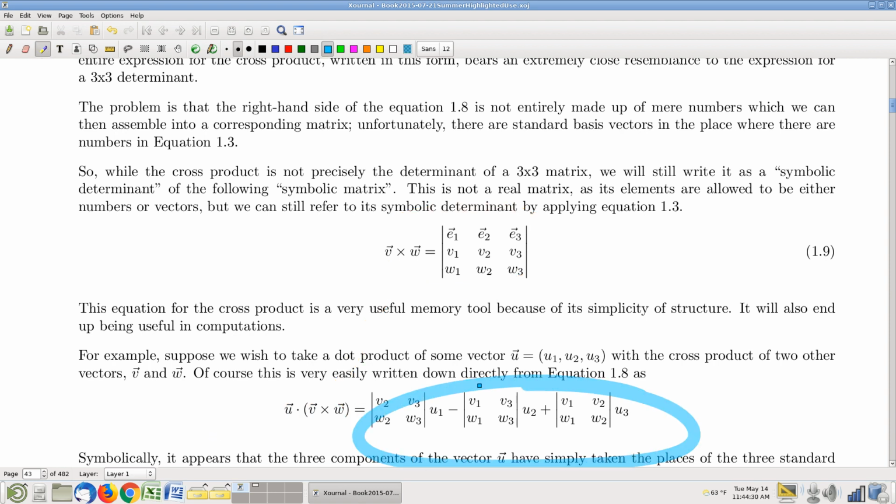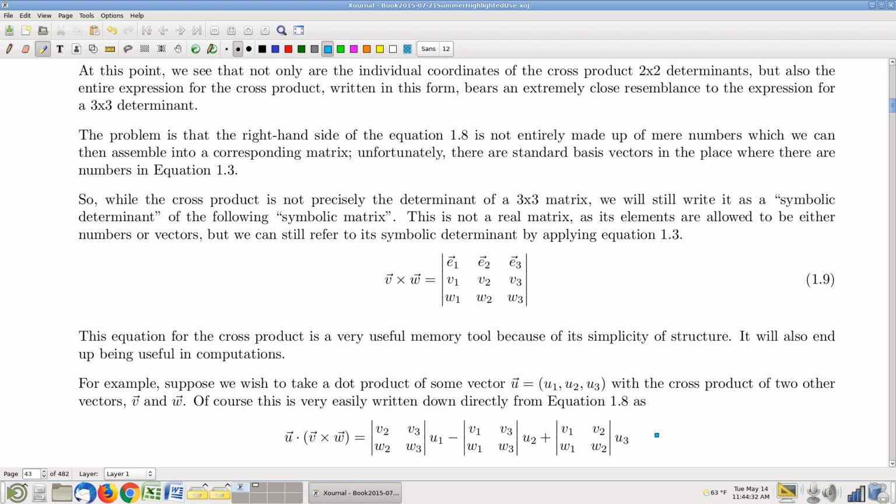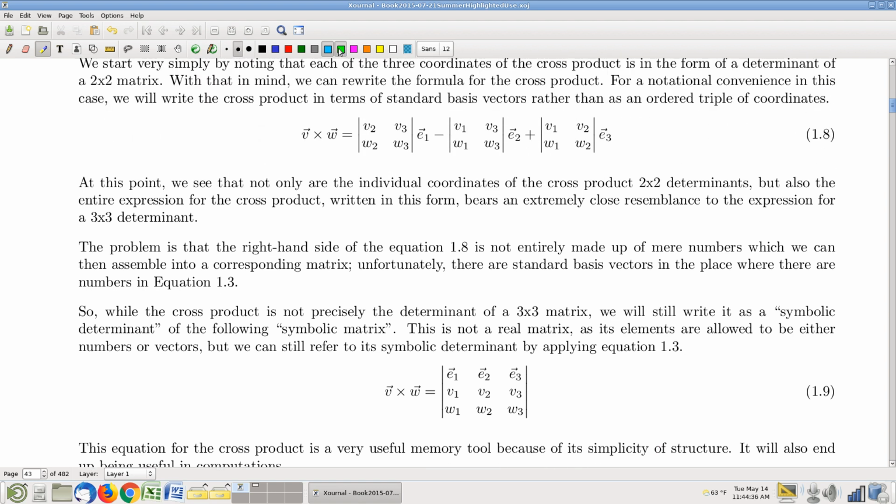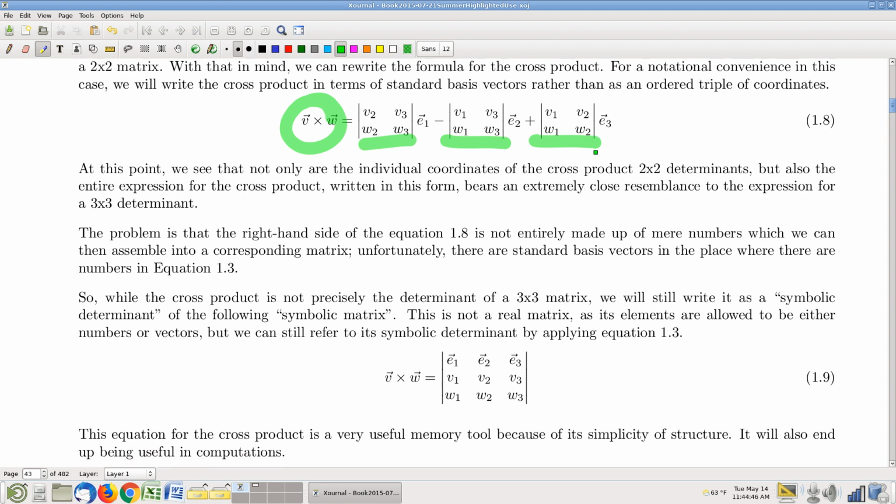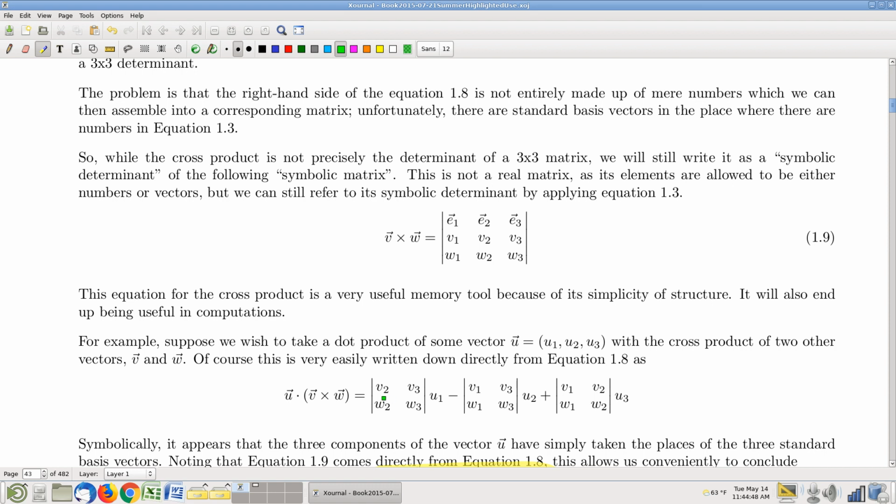Now, this is not such a hard calculation. I just wish I could get this to all fit on the screen. But let's do it like this. So here are the three coordinates of the cross product, v cross w. We've already observed those are the coordinates, and you can see those coordinates here, here, and here.